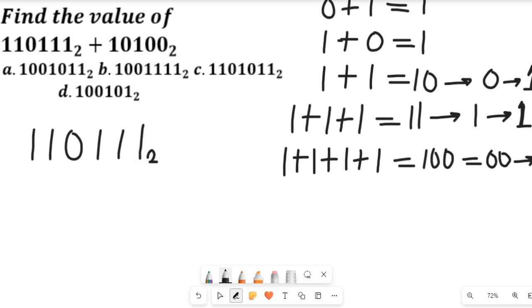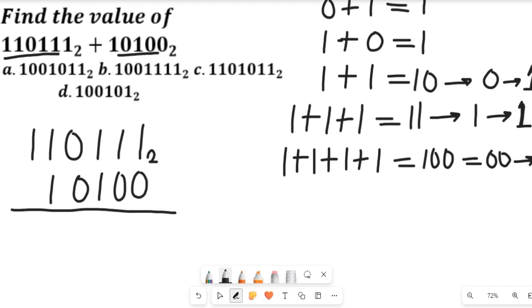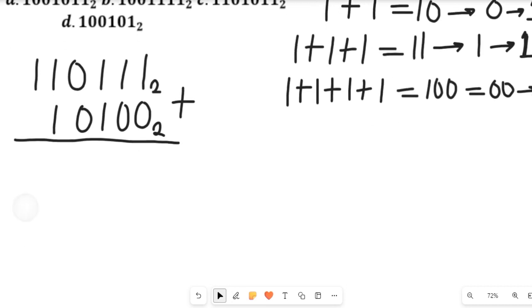We are asked to add it with a shorter number, so we'll start from here: 0, 0, 1, and then 0, 1. This is an addition in which both of them are in base 2. Now let's get started.